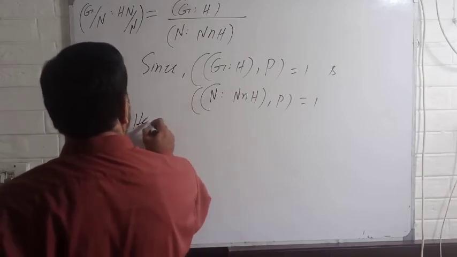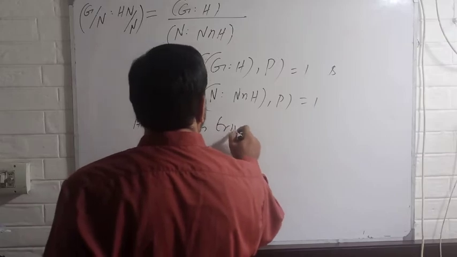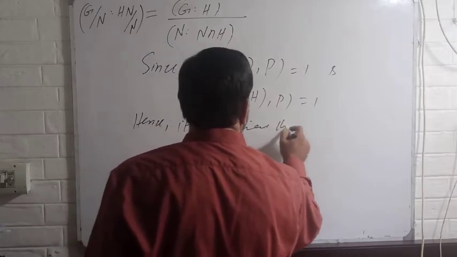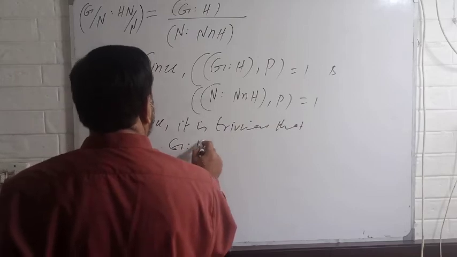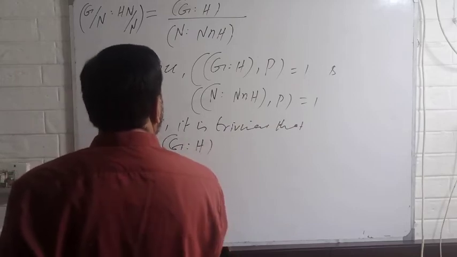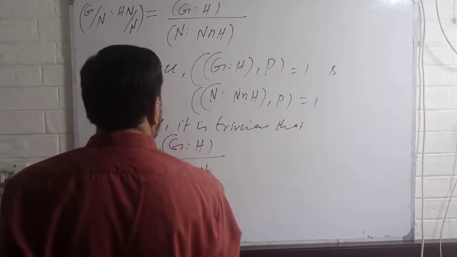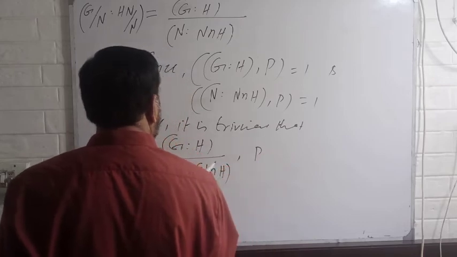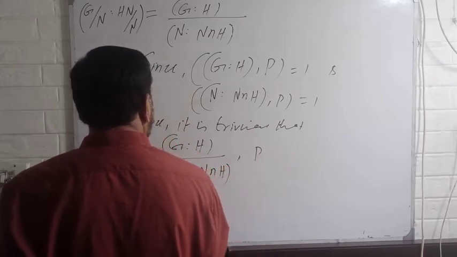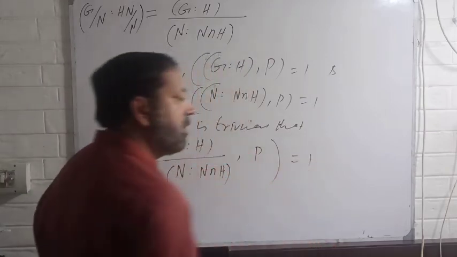Hence, it is trivial that index of G by H by index of N intersection H in N with P are relatively prime.